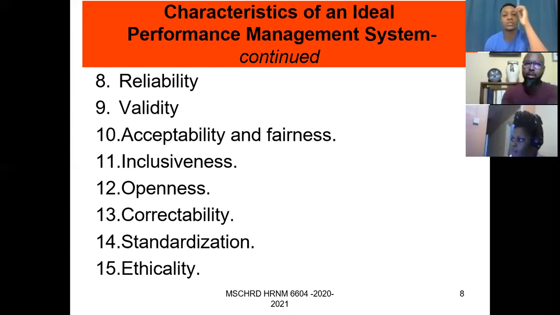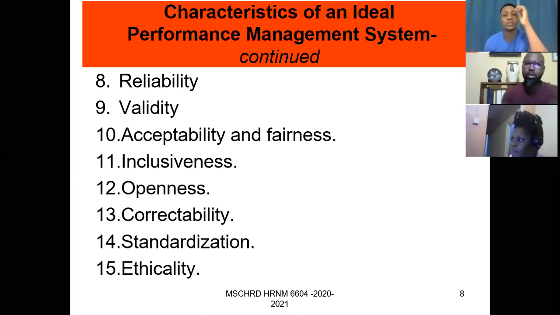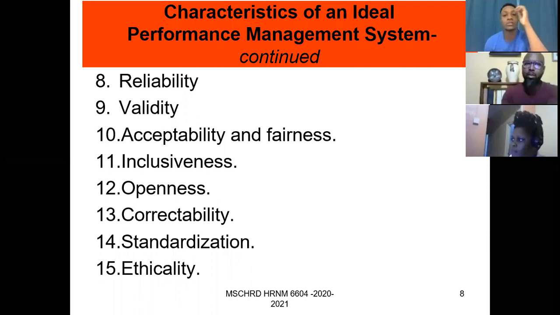And when I look at all these 15 characteristics, I believe SuccessFactors covers all except for practicality, where you mentioned that the system needs to be user-friendly and basically practical.